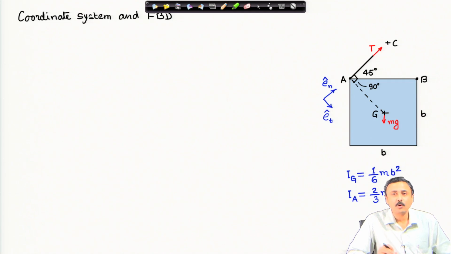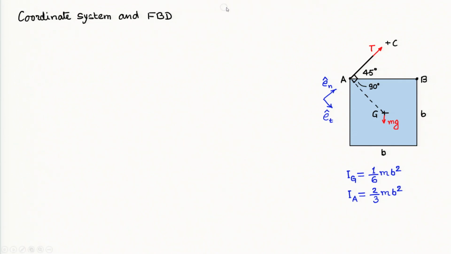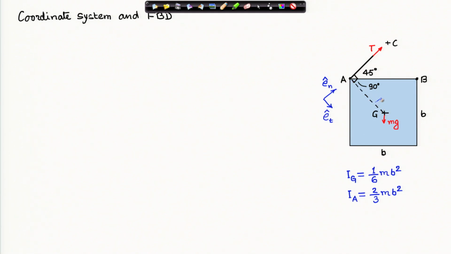We consider this coordinate system, the tangent-normal coordinate system, as I have shown here. There is something about this geometry that is given in the problem. These wires are at a 45-degree angle to the edge of the plate, and because this is a square plate, the line AG also makes 45 degrees with that edge of the plate.